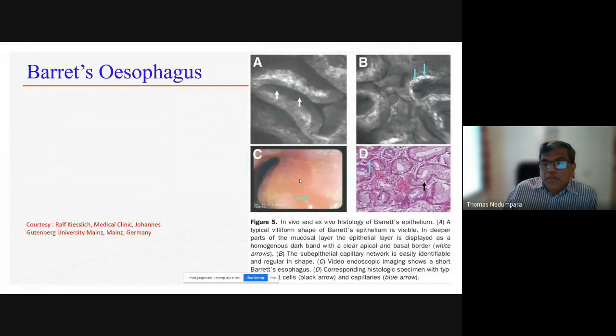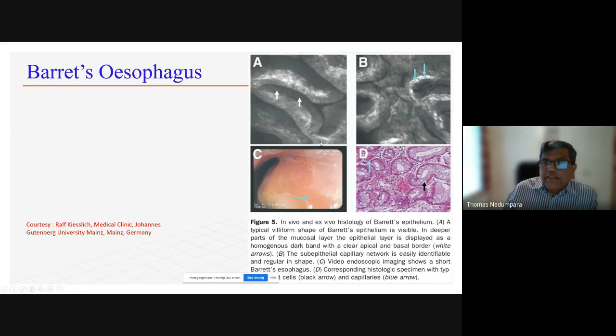So it is important to know when there is intestinal metaplasia. You can diagnose it from the color, but even better, in optical biopsy, you can see the columnar lining of the lower end of the esophagus, and you can see the blood vessels in the submucosa.